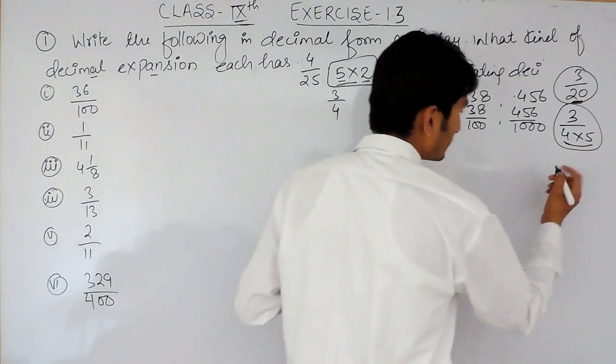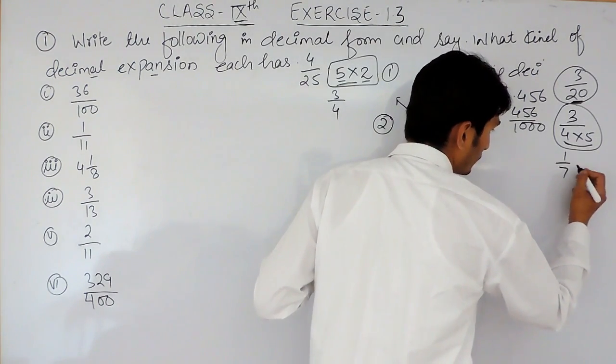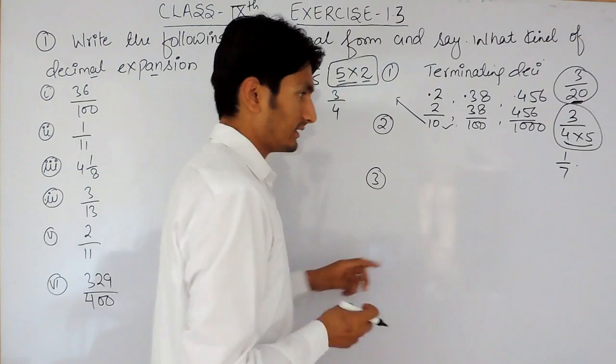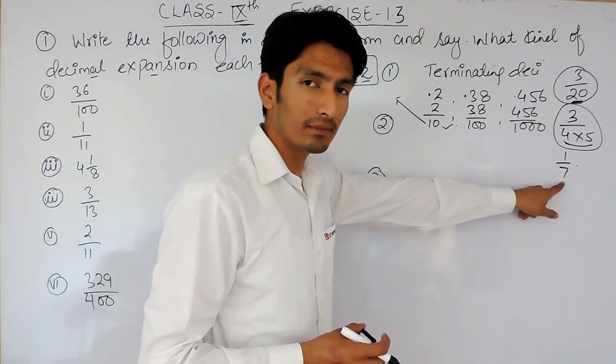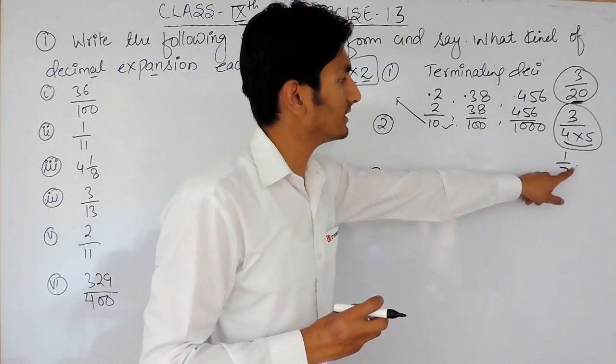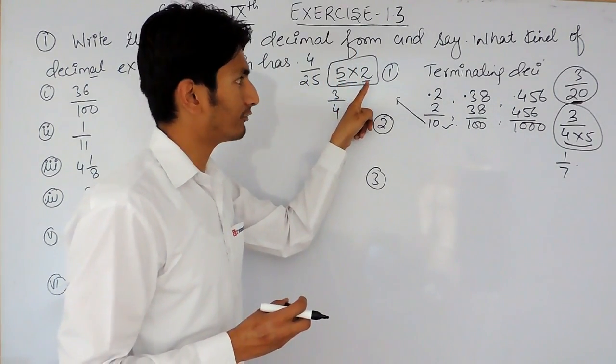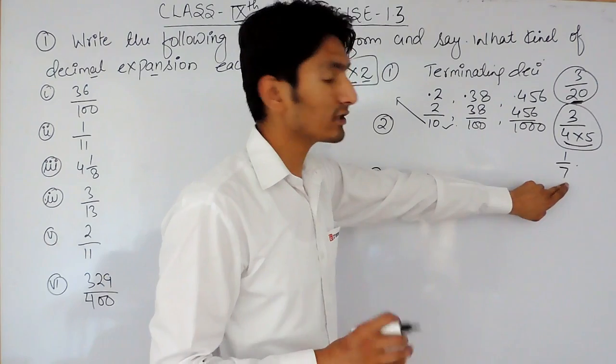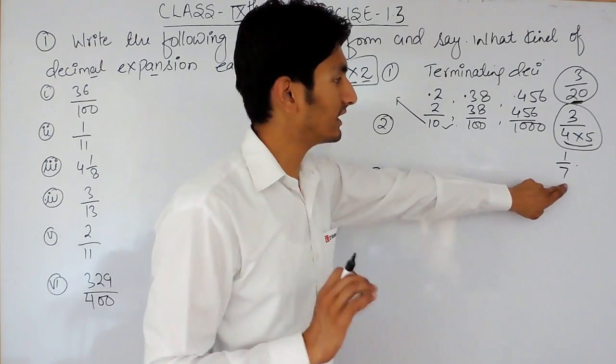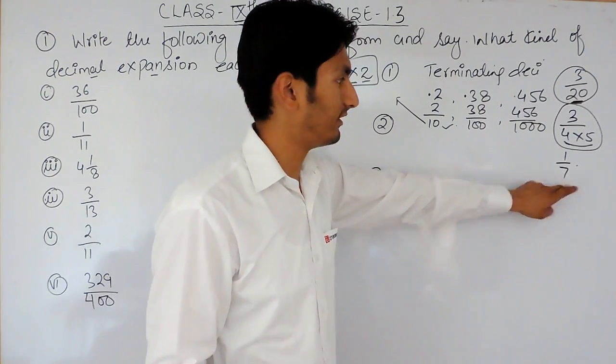Now if I say 1 upon 7, is it a terminating decimal? In this case, because in the denominator there is no power of 5 and no power of 2, this is not terminating. This will not terminate itself.